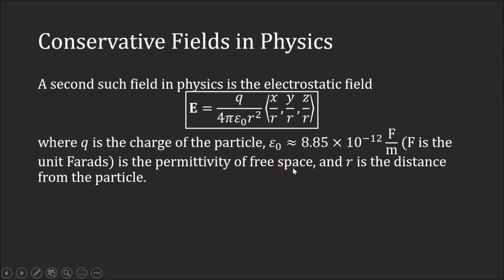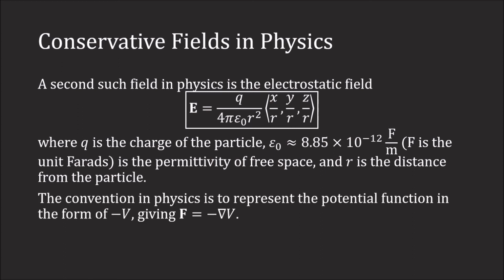Again, it is a fixed universal constant. And r is the distance from the particle. So this is the electrostatic field that a charged particle exerts. Now the convention in physics is to represent the potential function in the form of negative V. If we use this convention, then we write F is negative del V.